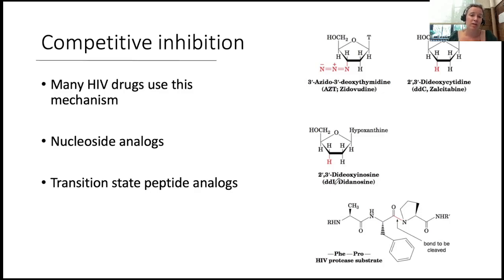And the last note I want to leave you with, folks, is that lots of drugs use competitive inhibition as their mechanism. For example, many HIV drugs use this mechanism. For example, various nucleoside analogs will compete with nucleotides to prevent the HIV from reproducing in your cells.